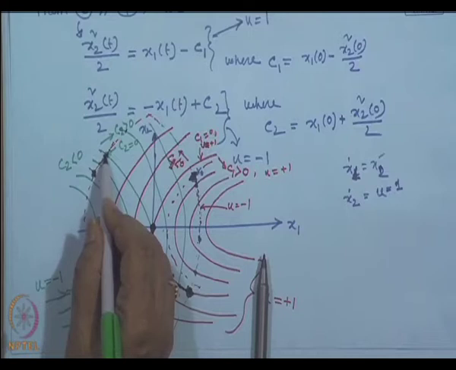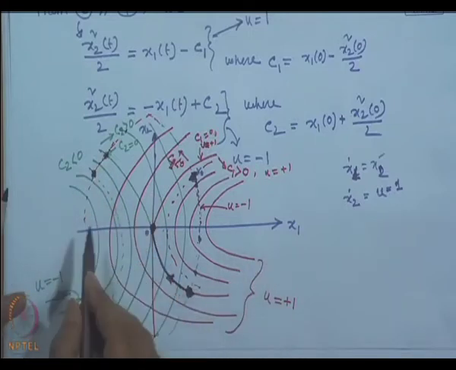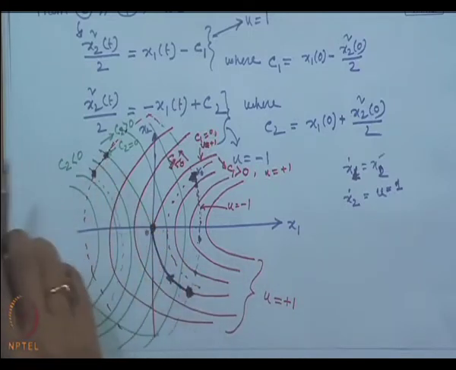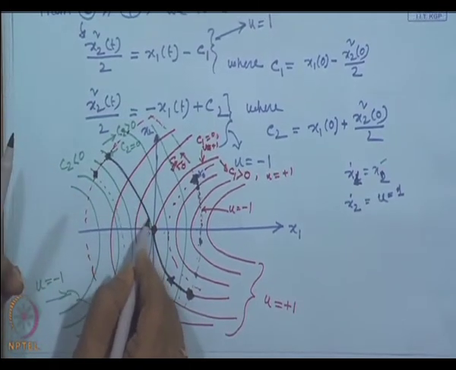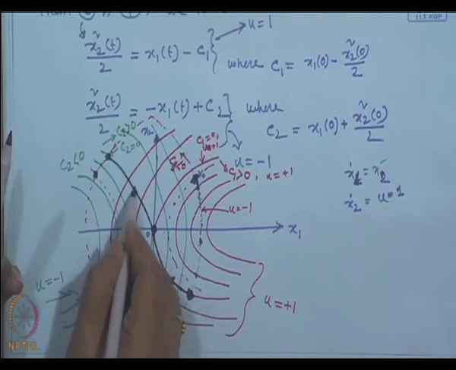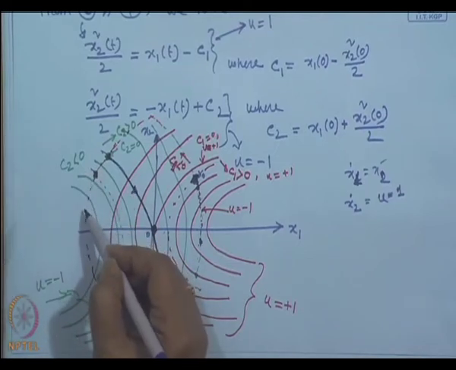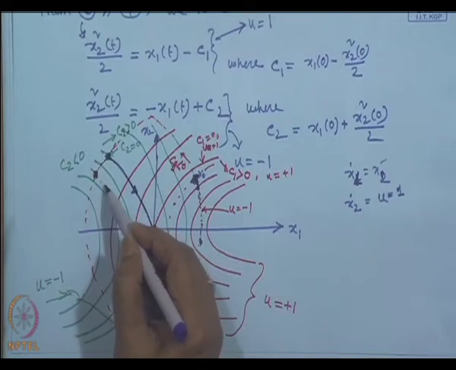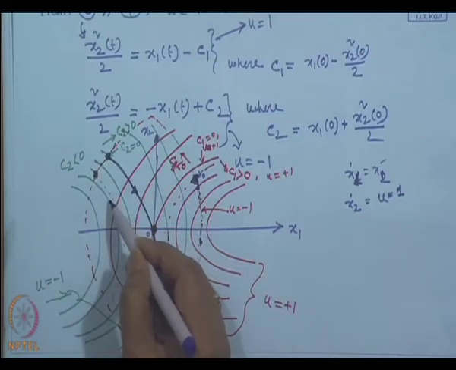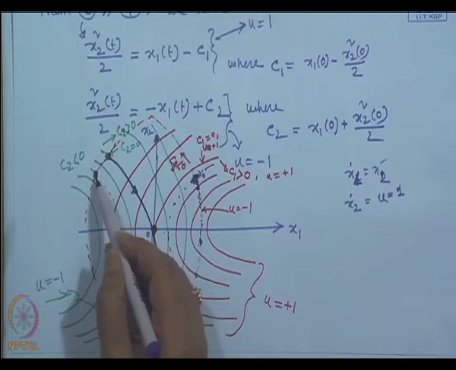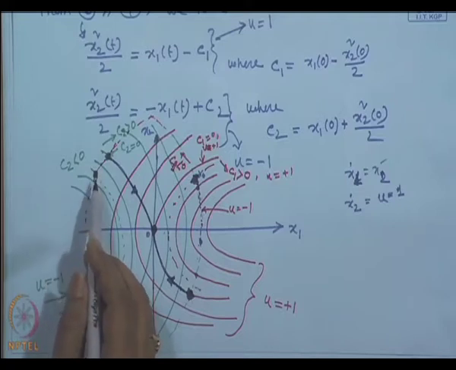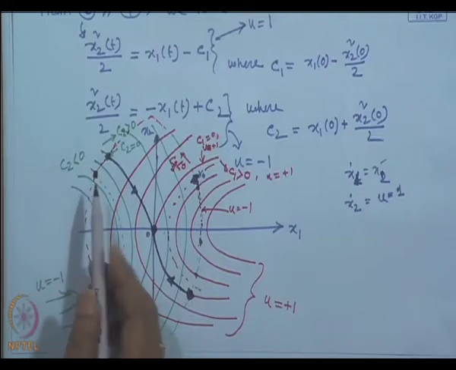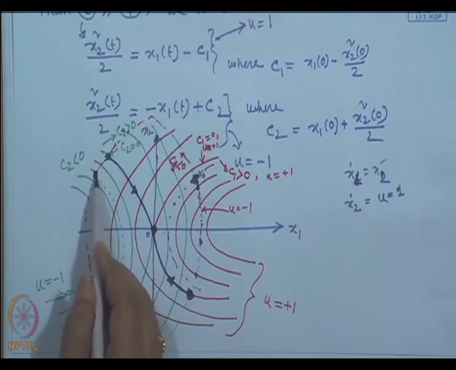That means switching occurs here, where C 2 is 0. So our trajectory switching curve will be that one. Now, one may ask why it will not follow the green curve. Suppose it is on the green curve, that means x 2 is positive, x 1 must increase, and it is increasing.